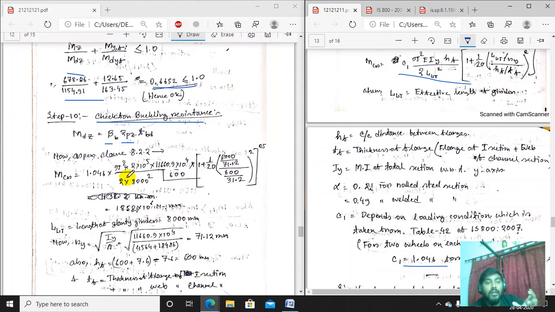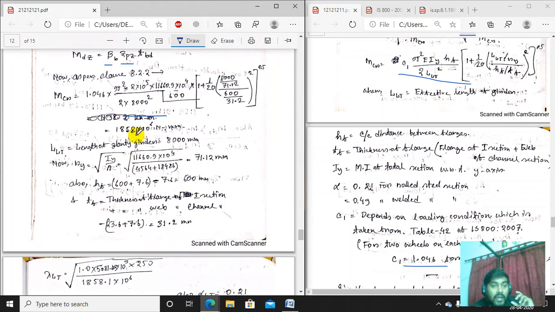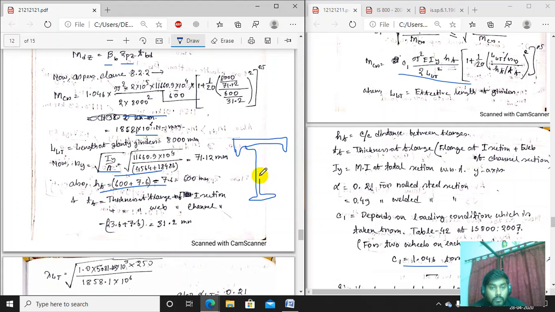Here two wheels are here, so putting all the values here, we are getting the value ry is equal to Iy by A. We know all the things. hj is equal to height of the flange. We know height of the flange means center to center distance between the two flanges. So here it is one flange, here it is the I section, from here to here. This is the distance, so total distance minus 7.6 by 2, 7.6 by 2.